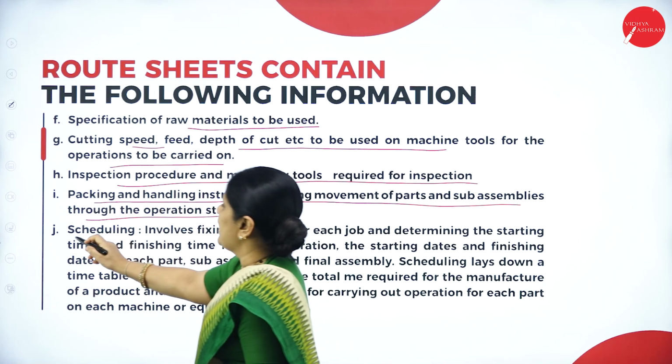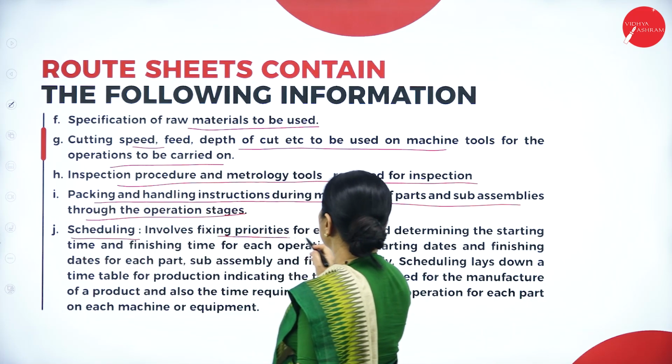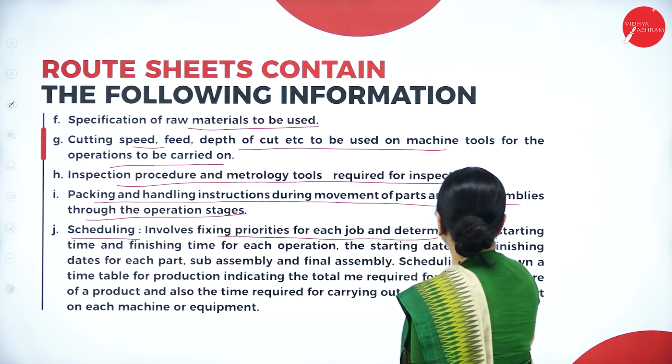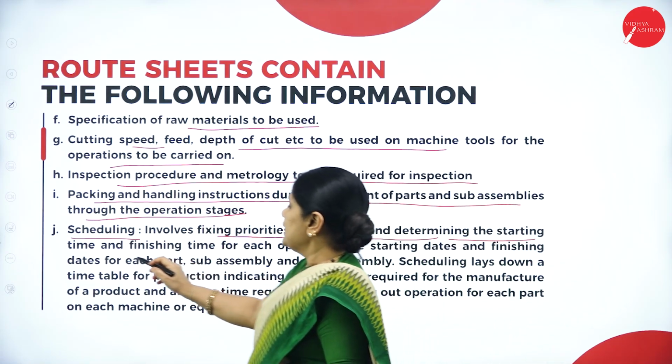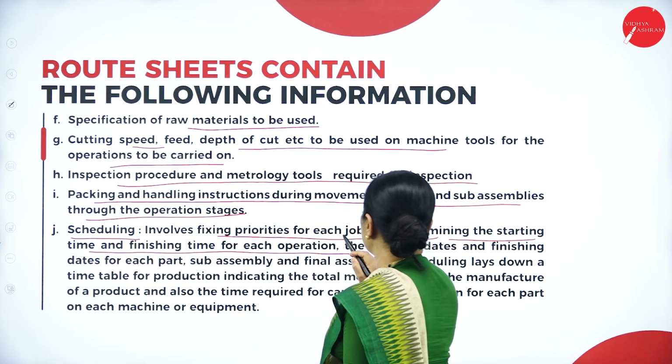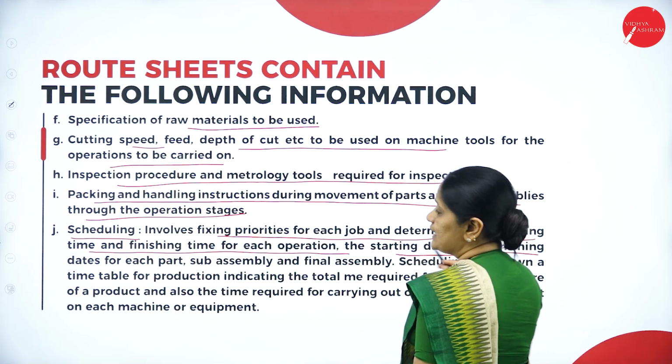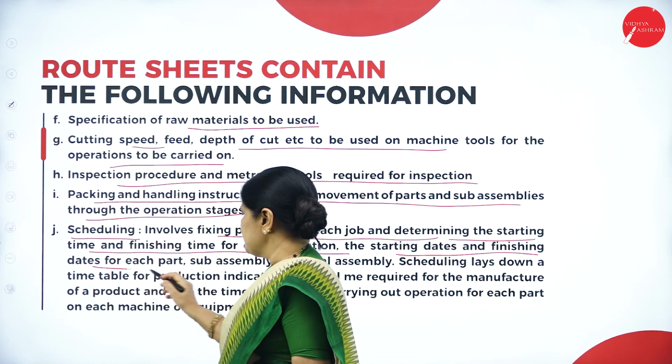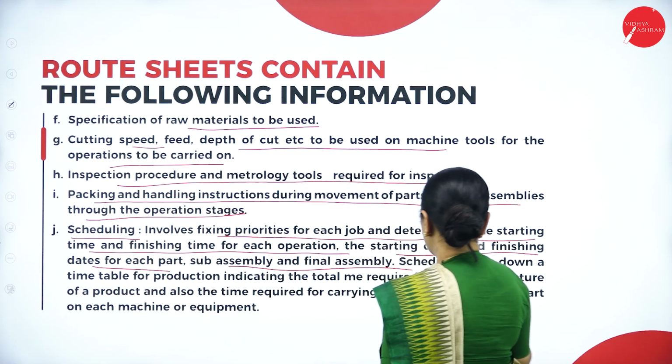Then next we have the scheduling. It involves fixing priorities for each job and determining the starting time and finishing time for each operation, the starting dates and finishing dates for each part, sub-assembly and final assembly.